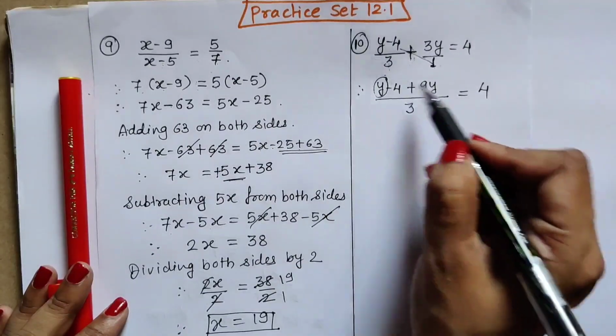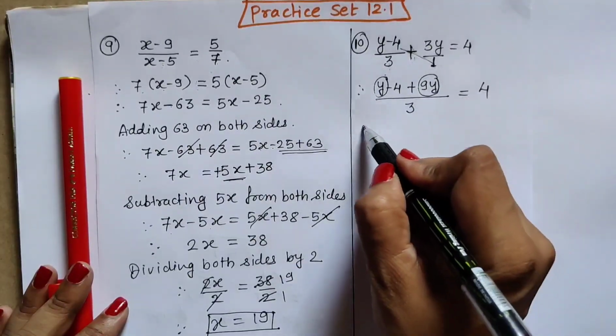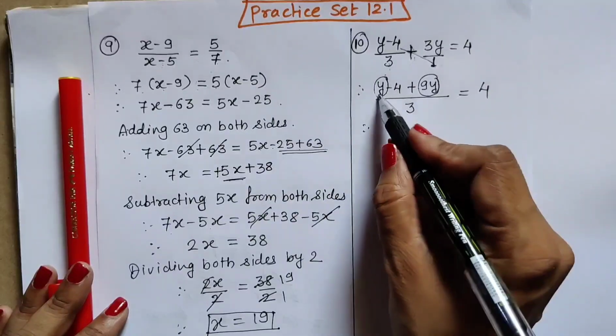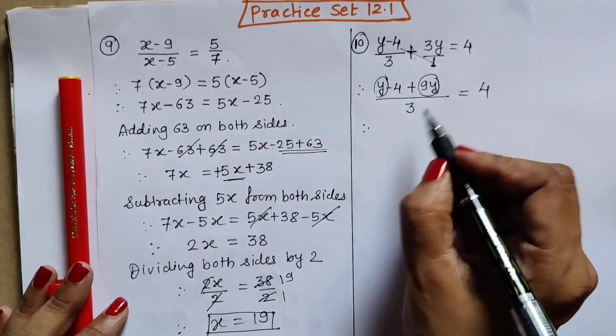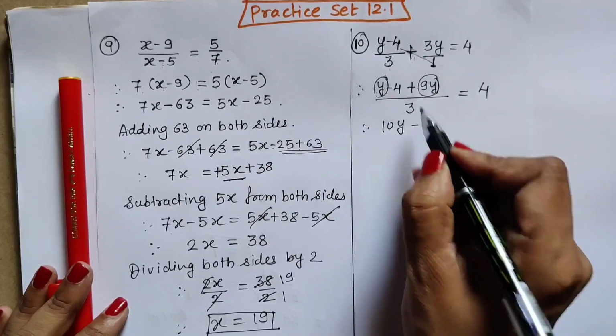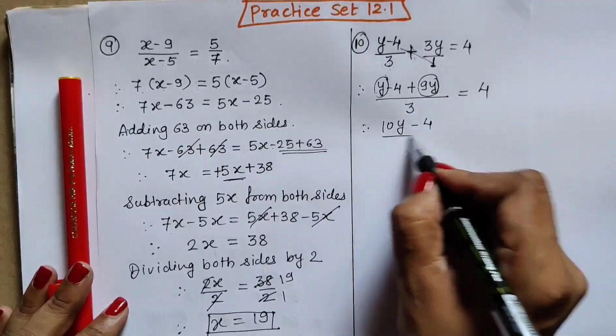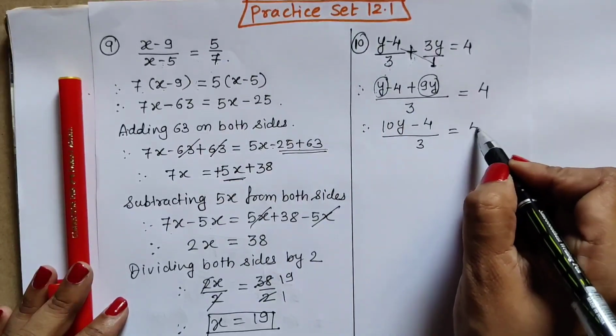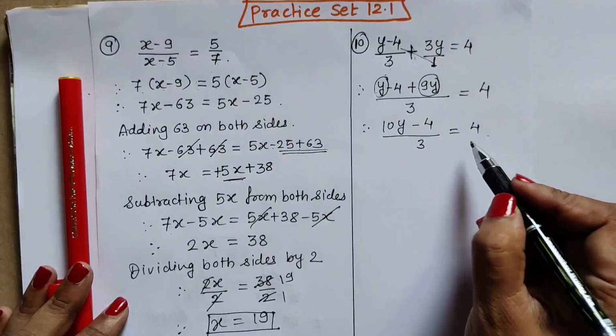Now this y and 9y both are like terms, so we can add them. y plus 9y, 1y plus 9y is 10y. 10y minus 4 as it is upon 3 is equal to 4. Again we can cross multiply.